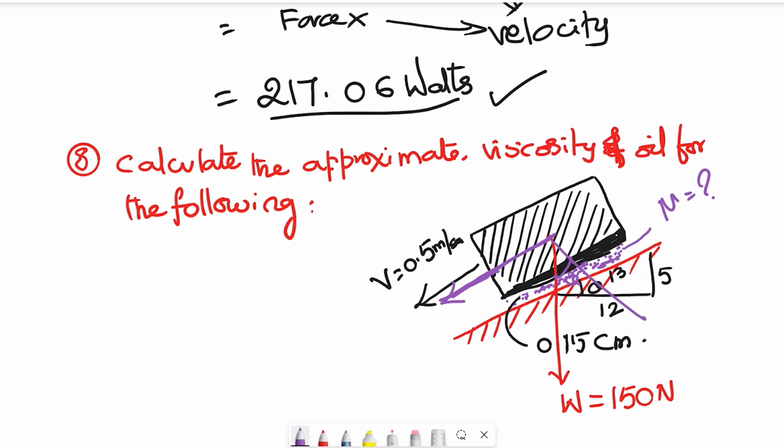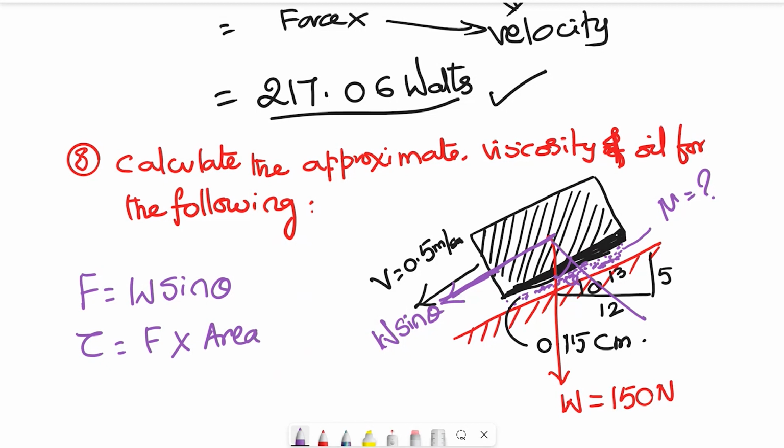This is the component, so this is W sine theta. F is equal to W sine theta. Tau is equal to force by area. For getting area, it is a 1 meter by 1 meter square plate.